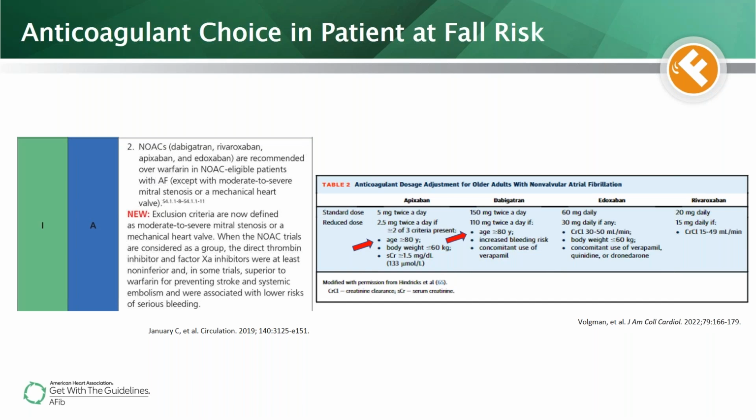With the use of apixaban in a patient that's older than 80, you want to look at their body weight and their serum creatinine in deciding whether they'll receive a standard dose or a reduced dose of 2.5. And with the use of dabigatran, being over the age of 80 could warrant a reduced dose of 110 milligrams twice a day.